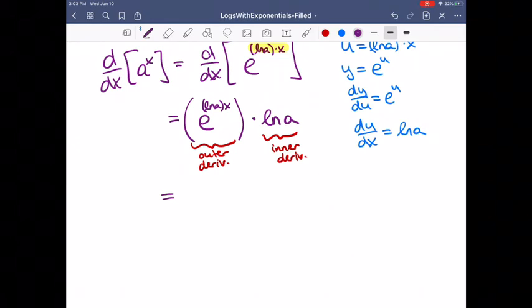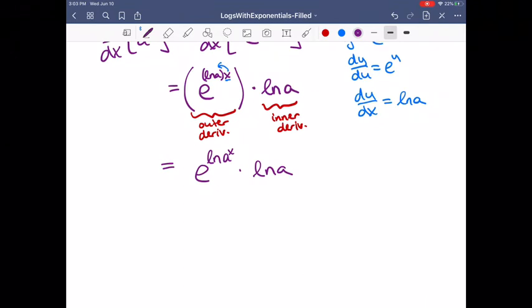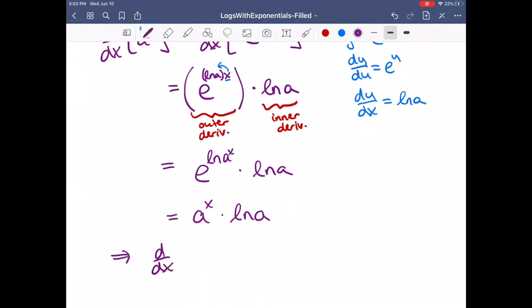Using the same trick that we used before, when I have the log, this x is multiplying it, I can bring x up into the exponent. So this is actually e to the ln of a to the x times ln of a. And remember, e and ln are inverses, so this is actually a to the x times ln of a. So this is why the derivative of a to the x is a to the x times ln a.